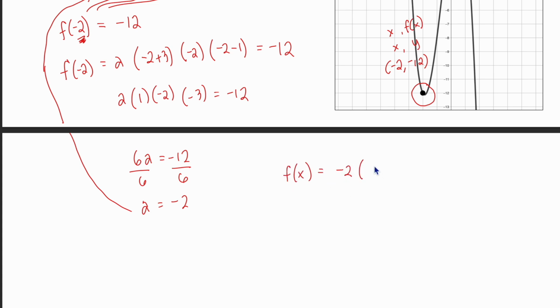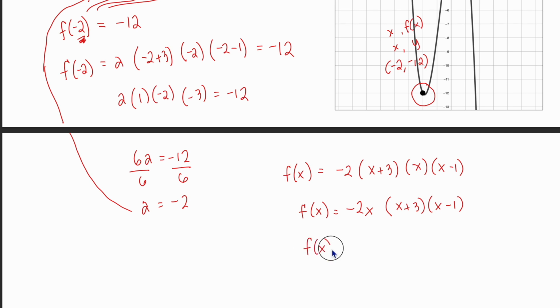Negative 2 times x plus 3 times x minus 1. Or we now have f of x now equals negative 2x times x plus 3 times x minus 1. Kapag further simplify pa natin ito, this is now f of x equals negative 2x cubed minus 4x squared plus 6x.